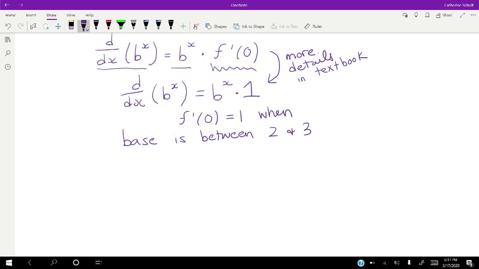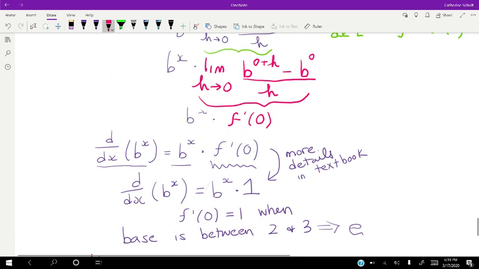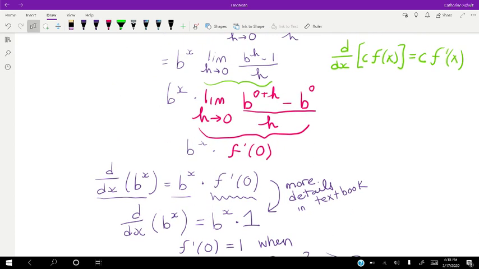And this is how we develop e. This is where e comes from. This is how we derive e. So going back up here, this expression I wrote in pink, we want that to be equal to 1. And it's equal to 1 when the base is e.